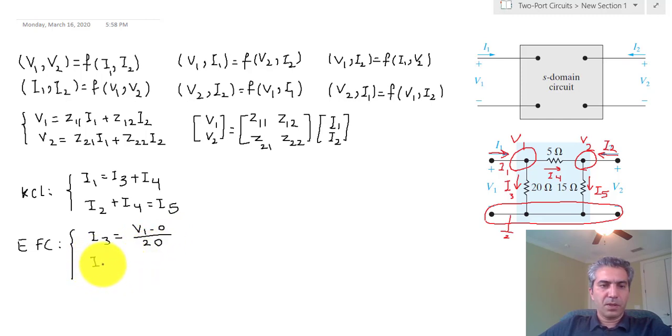I4 would be equal to V1 minus V2 divided by 5, and I5 is equal to V2 minus 0 divided by 15.